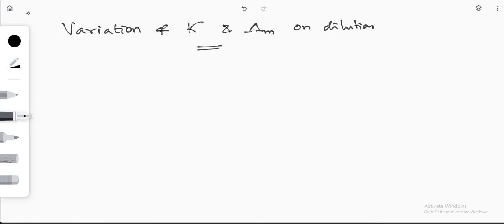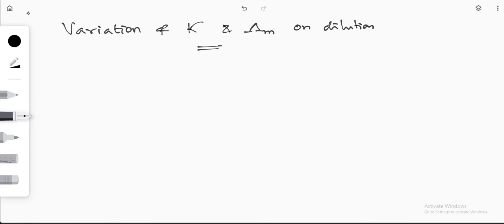Now, the variation of kappa, that is conductivity, and molar conductivity on dilution is very important, students, note down. How do the kappa value and molar conductance value vary on diluting a solution?